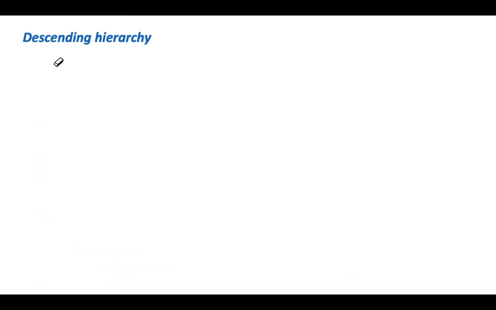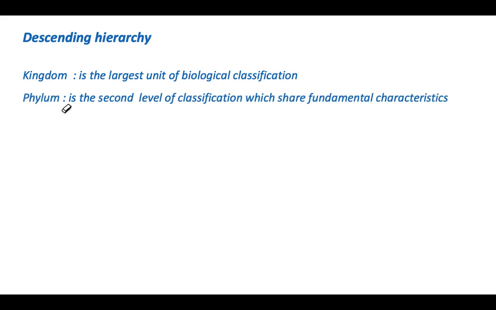And then we look at the other side. We look at the hierarchy and also the sequence of classification. So we start with the kingdom. The kingdom is the largest unit of biological classification. So we start with the kingdom, and then we go to a phylum. A phylum is the second level of classification, which shares fundamental characteristics.